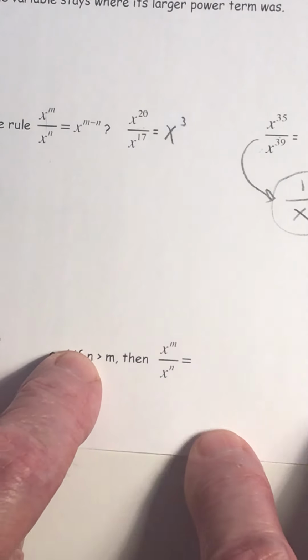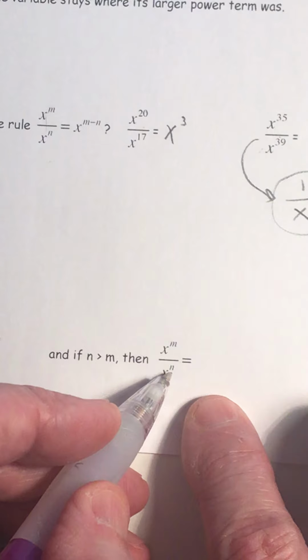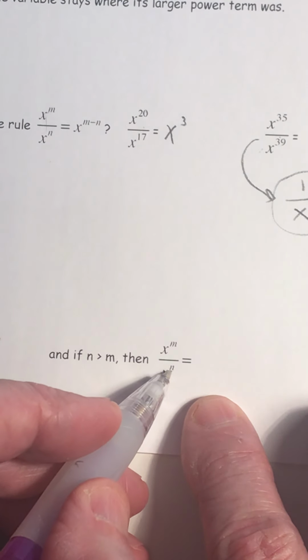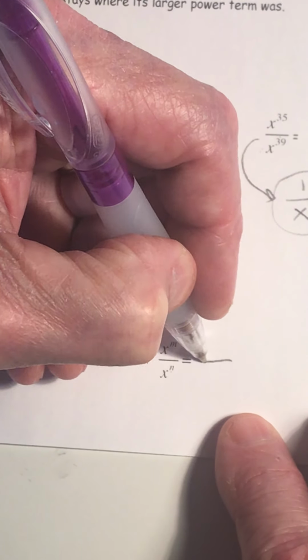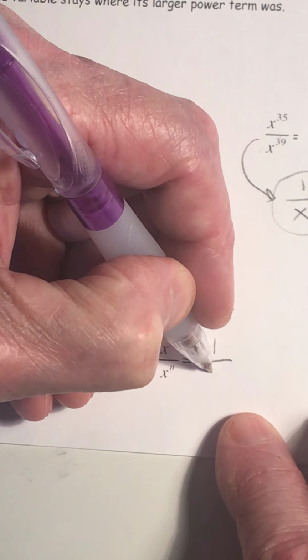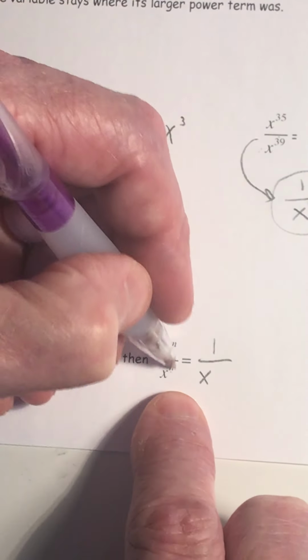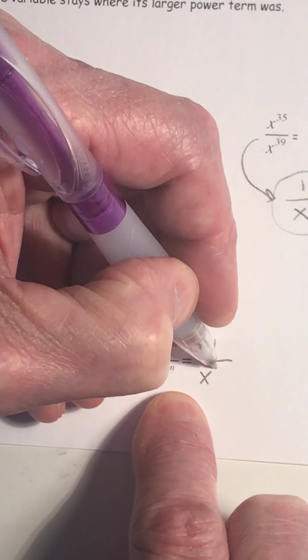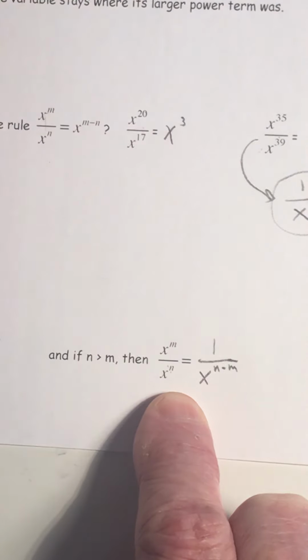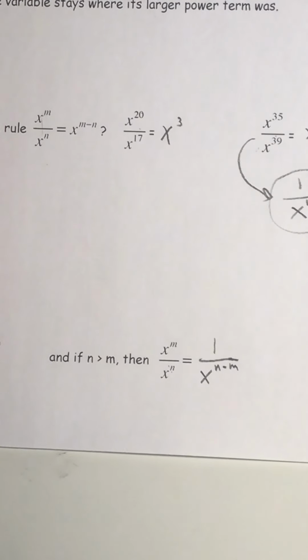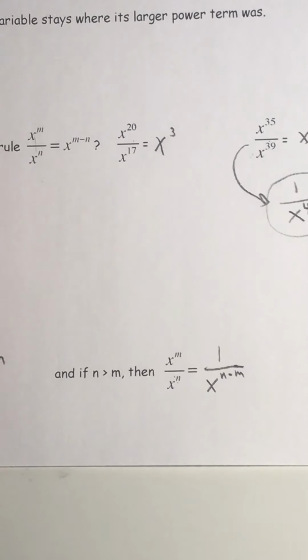And if n is greater than m, if this exponent is the larger number, then we get the answer 1 over x to this number minus that number. So it's all a matter of which exponent was larger to begin with. So that's the end of page 1.